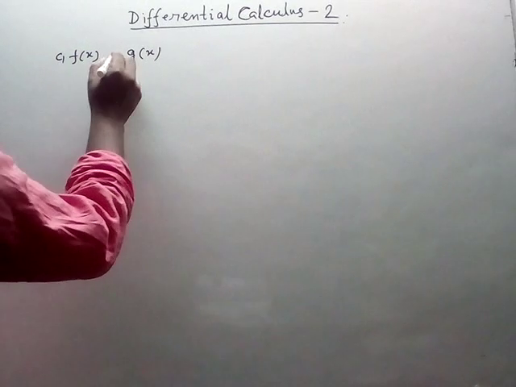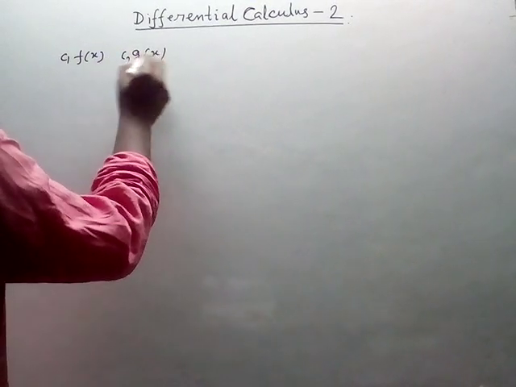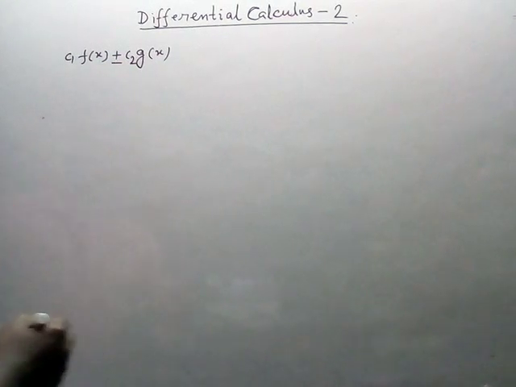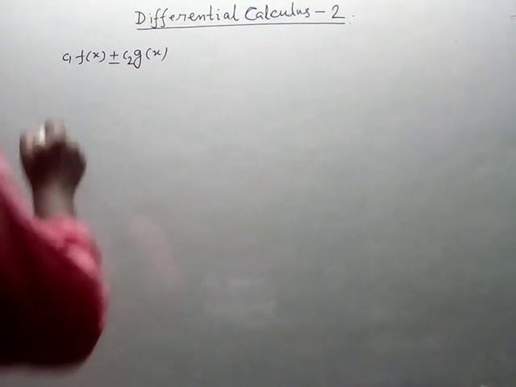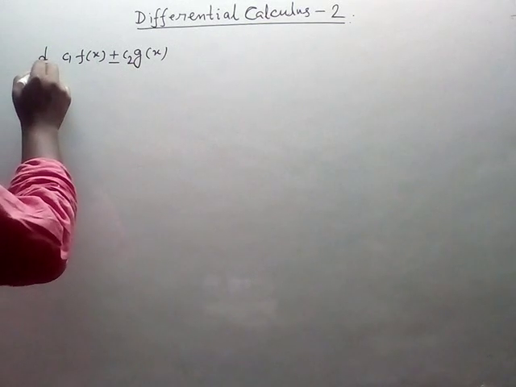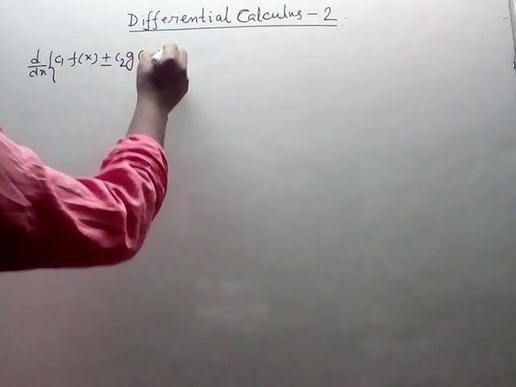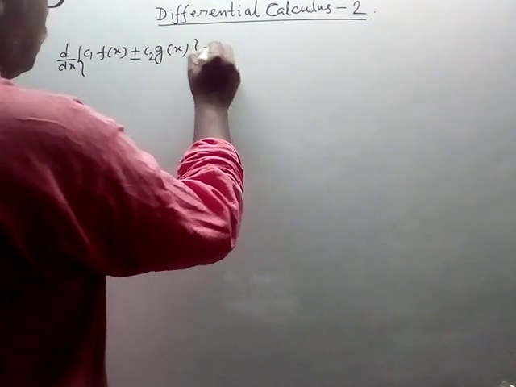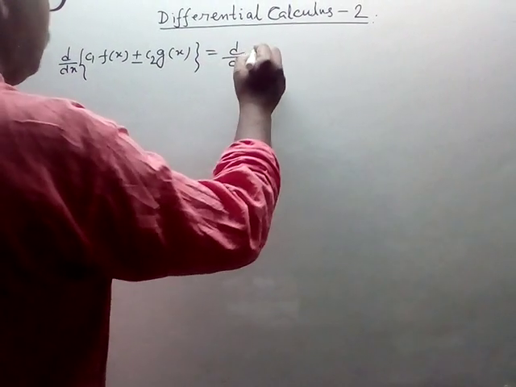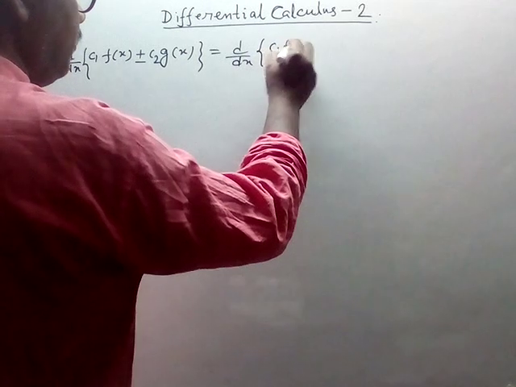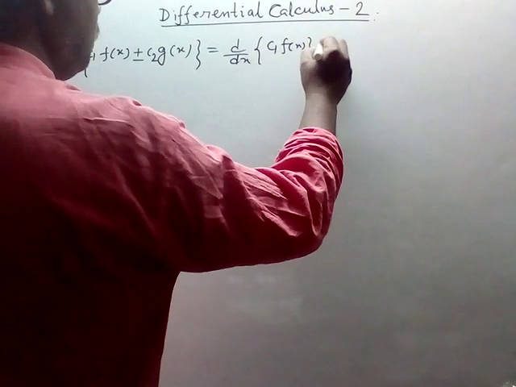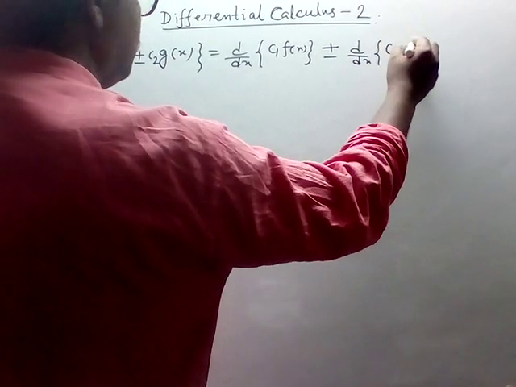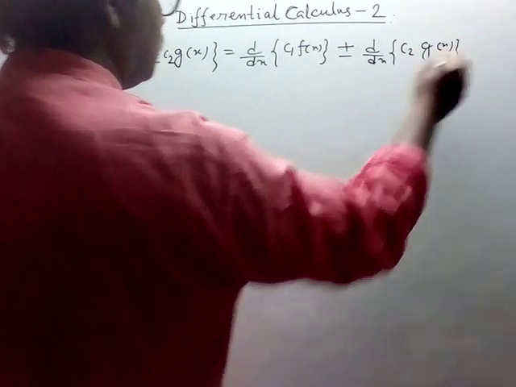c1 f(x) plus or minus c2 g(x), that is, linear combinations of f(x) and g(x), and the derivative of c1 f(x) plus or minus c2 g(x) equals d/dx of c1 f(x) plus or minus d/dx of c2 g(x).